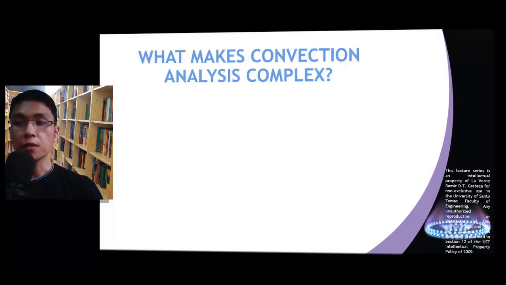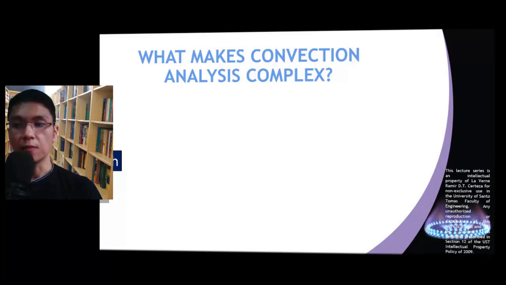So let's start our discussion with what makes convection heat transfer analysis more complicated than the other two modes of heat transfer. The main challenge that we need to grapple with in convection heat transfer analysis is how to find the value of the convection heat transfer coefficient.